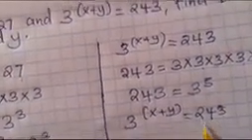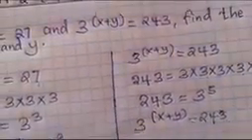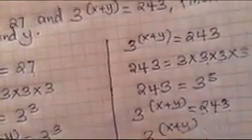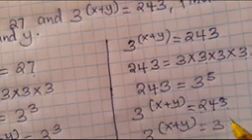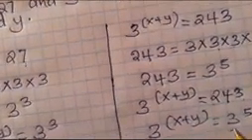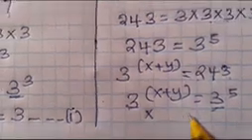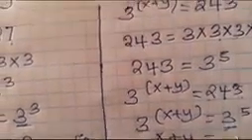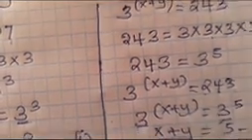But remember, 243 here is 3 power 5. So we shall have 3 power x plus y is equal to 3 power 5. Because the bases are equal, the powers are also equal. So x plus y is equal to 5. This is the second equation.